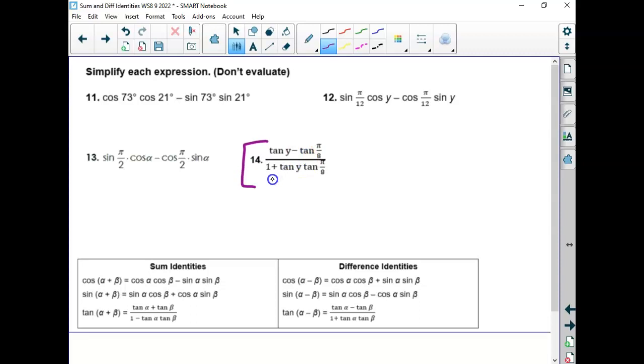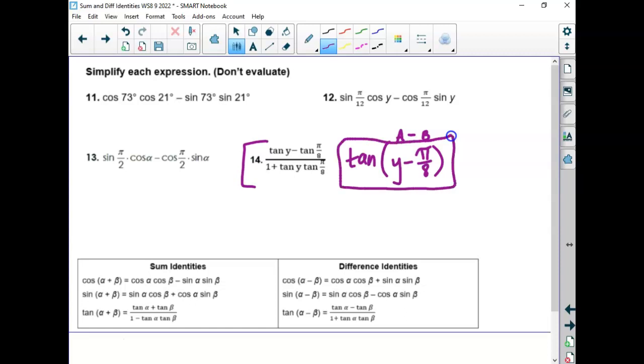Tan minus tan over 1 plus tan tan is tan of A minus B, right? But what are the A and the B in this question? Y and pi over 8. So this is your answer, guys. I like these even better. There's nothing you have to look at your unit circle for. Does that make sense? It's just an expression. Yep, just write it down.